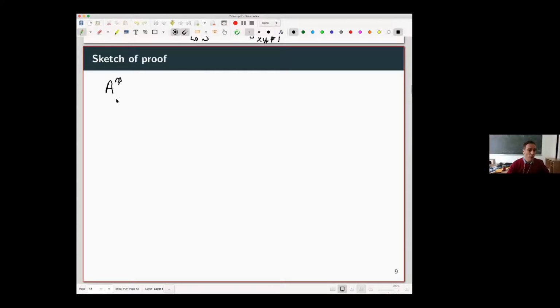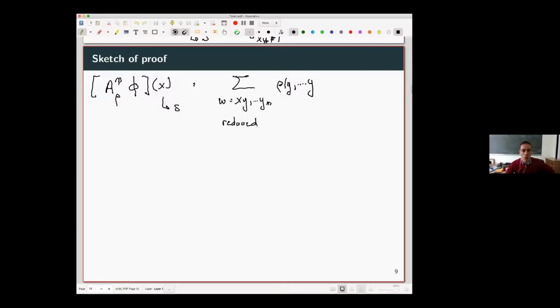If you compute the nth power of A rho applied to phi, again that's a function from S to H. If I compute that at a generator x in S, you will get the sum over all words x, y1, ..., yn which are reduced. And then you twist with rho applied to y1 ... yn times phi of yn.